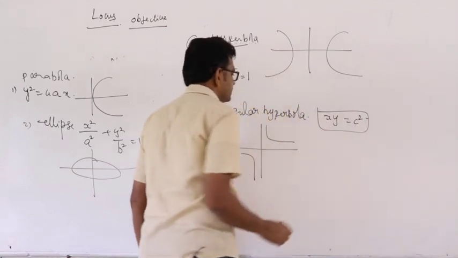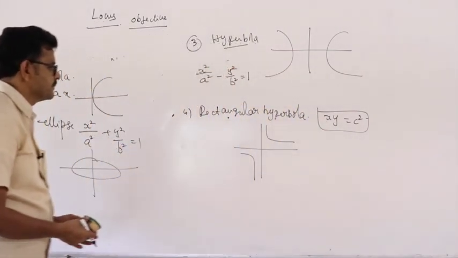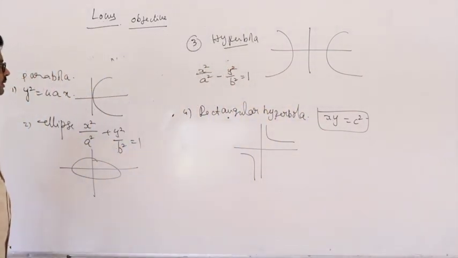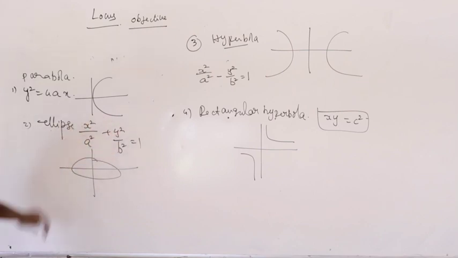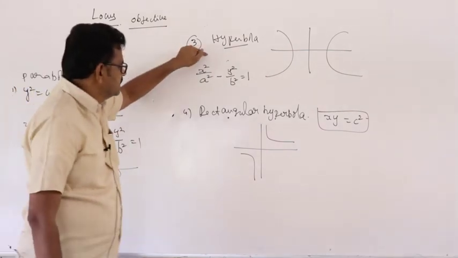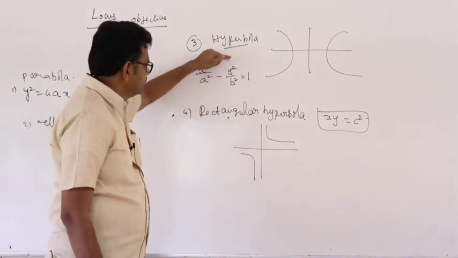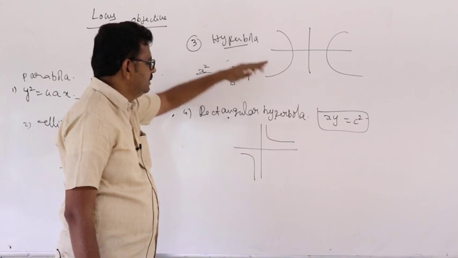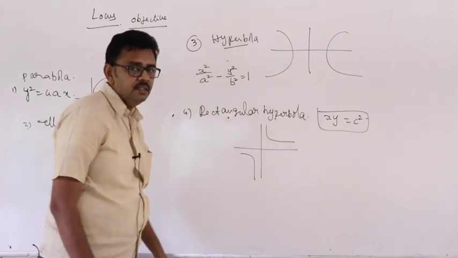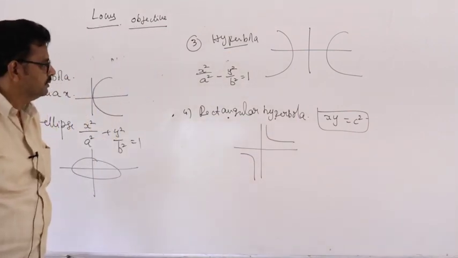This is called a rectangular hyperbola. Okay? This is y² = 4ax, the parabola form. x²/a² + y²/b² = 1, this is ellipse. x²/a² − y²/b² = 1, this is a hyperbola, and xy = c², that is a rectangular hyperbola.